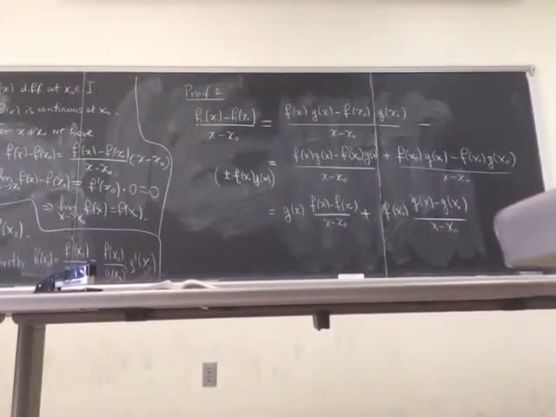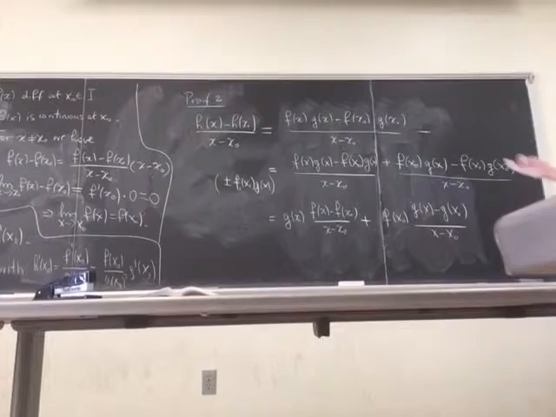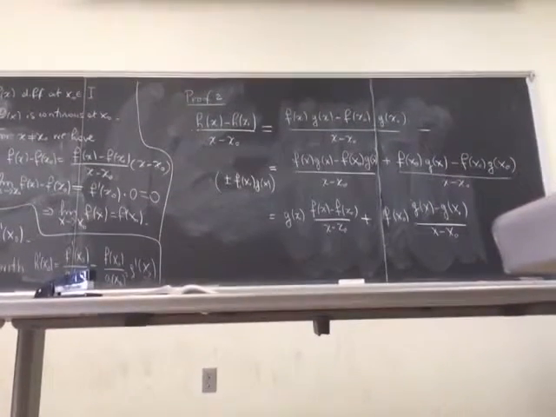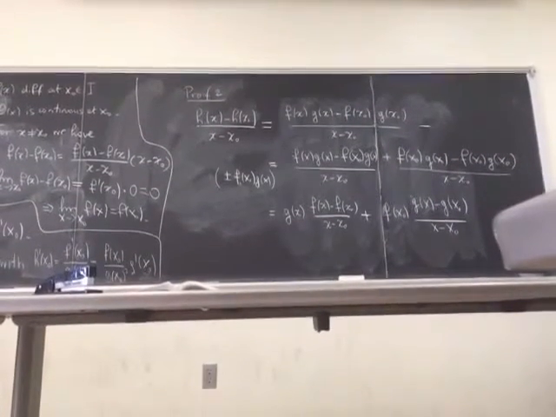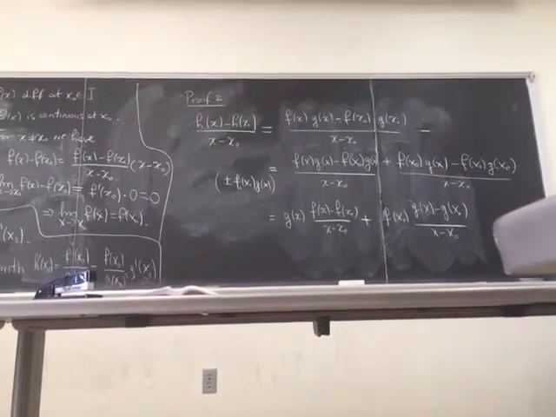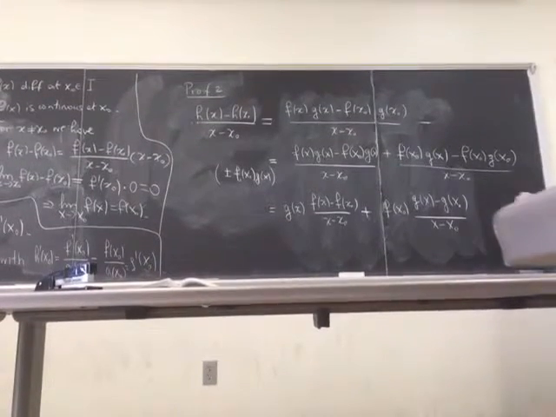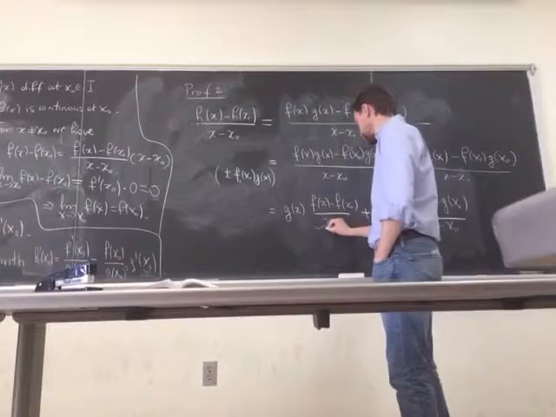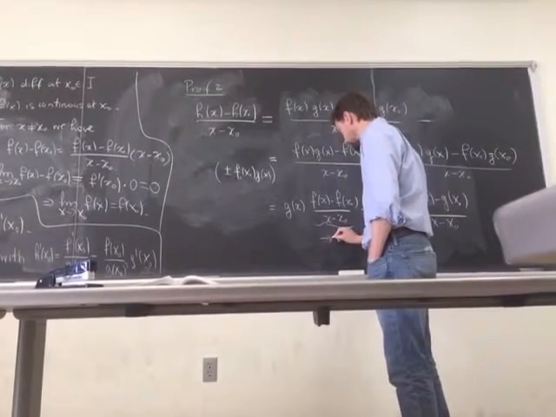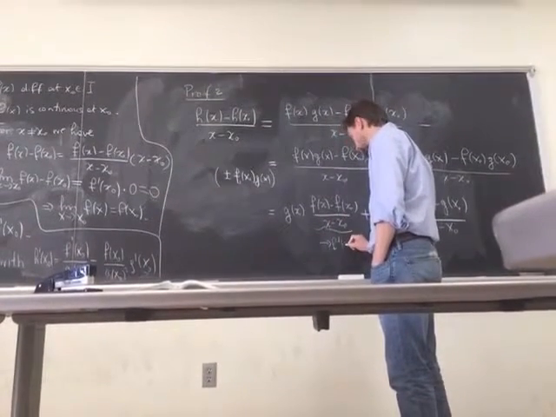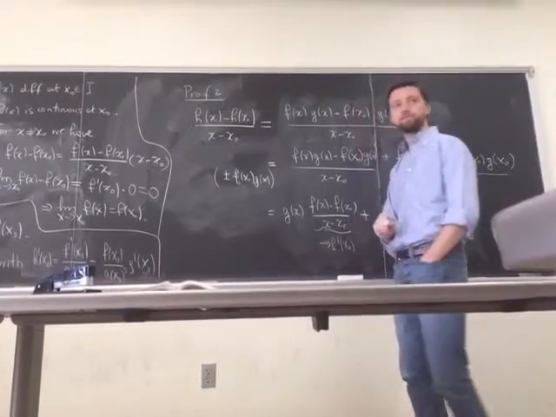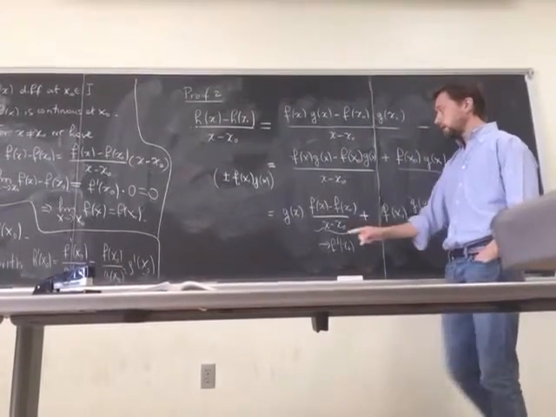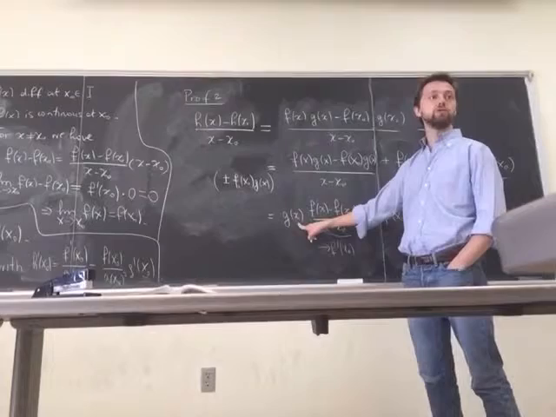Now you see it clearly, right? There's nothing deep here, you just write down an identity. It's just rewriting what we had in a clever way. And now this fraction here has a limit, because f is differentiable. This goes to f prime of x naught. Okay, what happens to this factor as x goes to x naught?